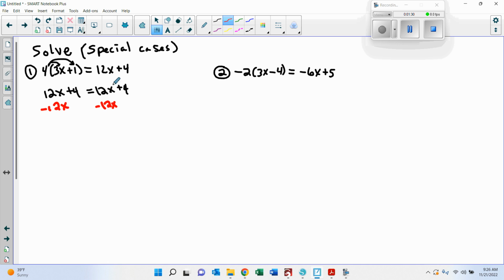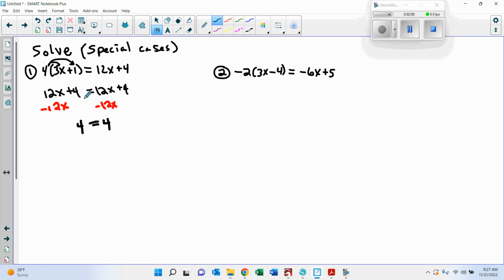We subtract 12x from both sides. 12x minus 12x is 0, and we get 4 on the left. On the right, 12x minus 12x is 0, and then we get another 4. So we get 4 equals 4. What's happening is that this problem doesn't actually depend on the variable, so it doesn't make any difference.